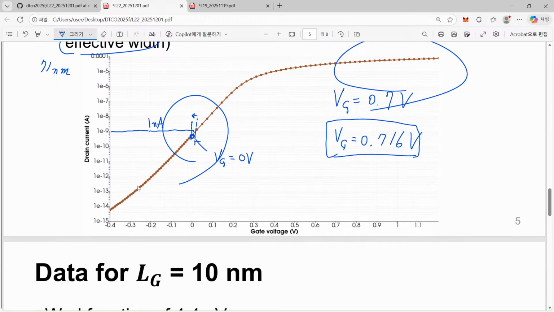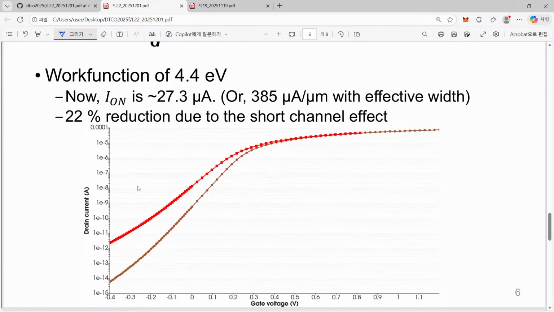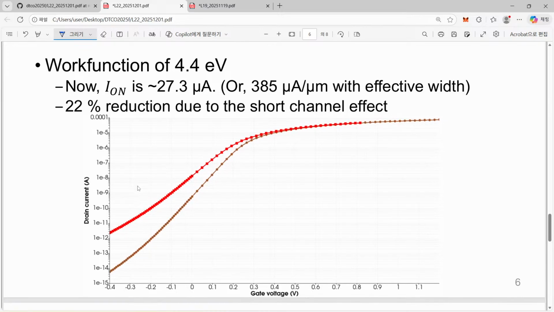So now let's go to the gate length of 10. Obviously this one corresponds to gate length of 20 nanometer, and this one corresponds to 10 nanometer.